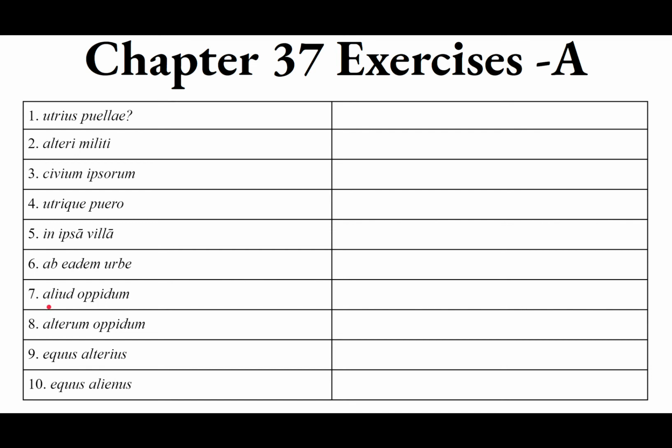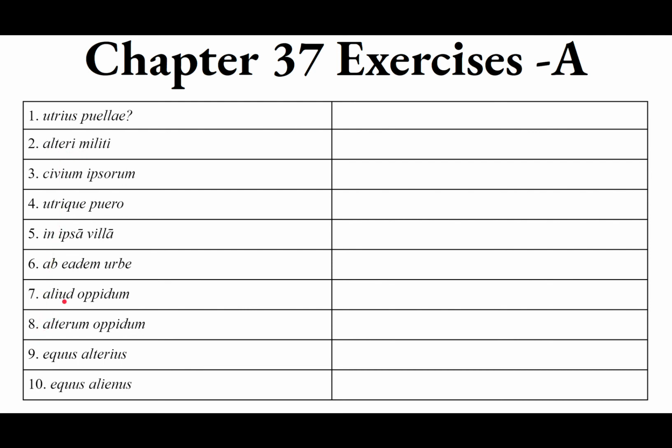Number 7, aliud oppidum. So aliud from alius, alia, aliud, that is another, written as a single word, another, as opposed to alter, altera, alterum, the other, definite article, the other, as in there's one and then the other, the alternative.